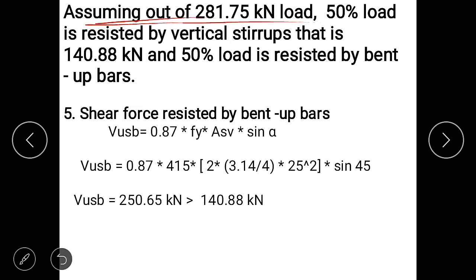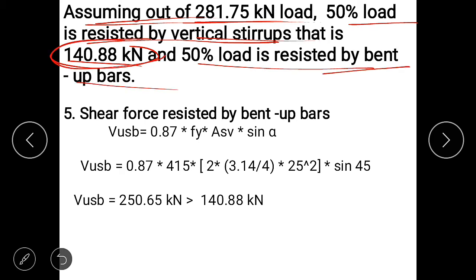Out of this load, 50% is resisted by vertical stirrups. 281.75 divided by 2, so we consider 140.88 kilonewton. It is resisted by vertical stirrups, and the other 50%, that is 140.88, is resisted by bent up bars. Why? Because in this numerical we have to design both, so we divide this load into two parts.